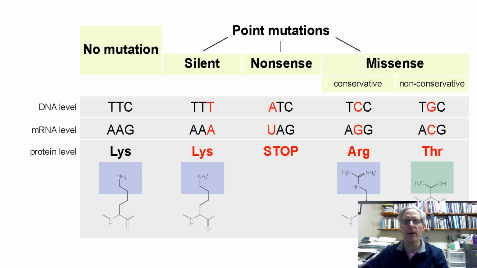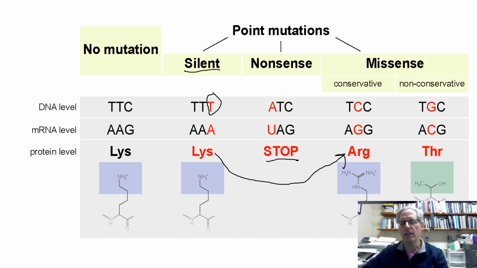So this illustrates what I was talking about. Silent mutations that don't change the amino acid you insert into the DNA. These typically are in the 3rd position of the codon. Nonsense mutations that generate stop codons. Missense mutations that change the type of amino acid you insert. And this type of missense mutation changes it from one basic amino acid to another.